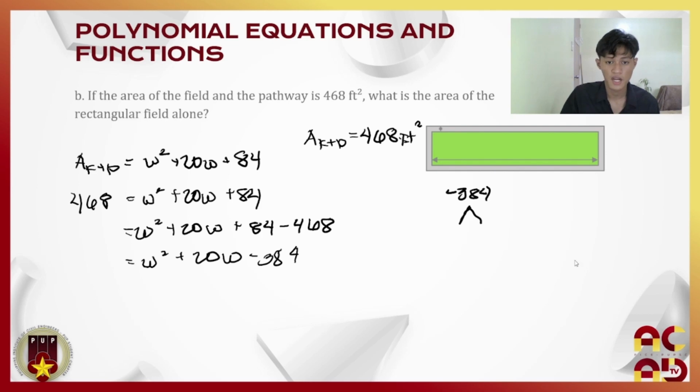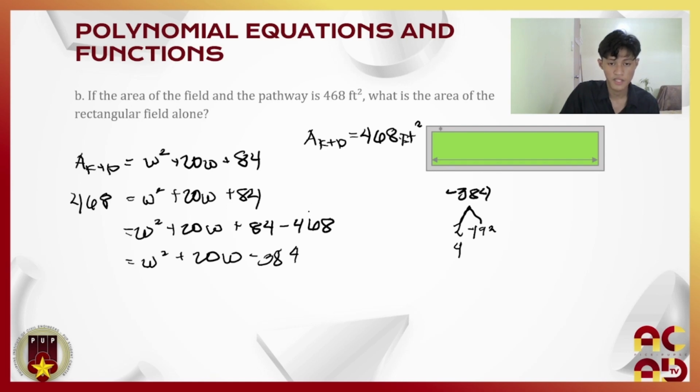So I think 2 is a factor. So negative 384 divided by 2, we have negative 192. And then 4 is also a factor.